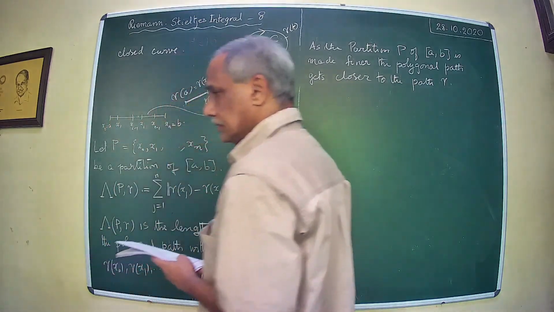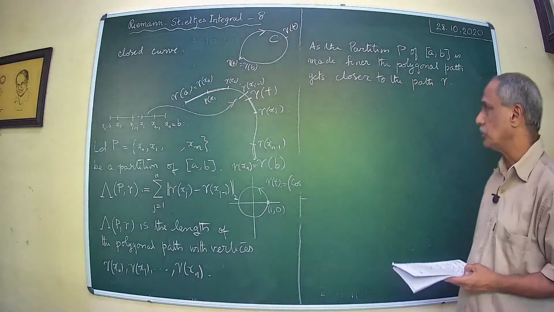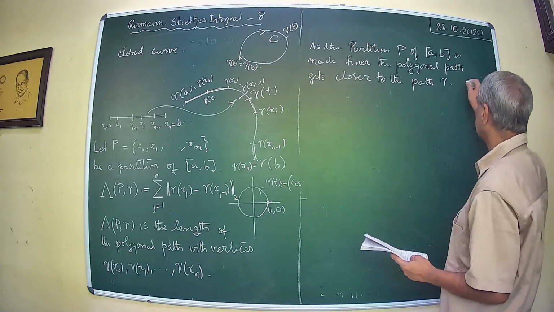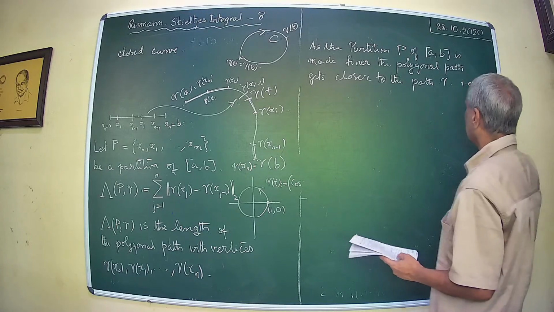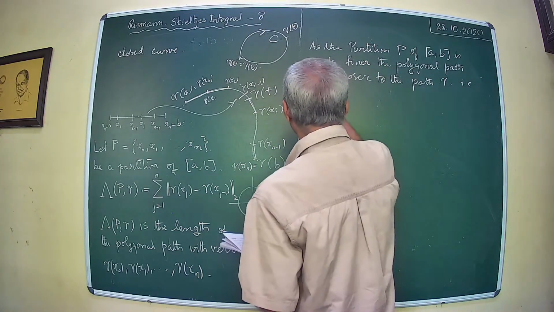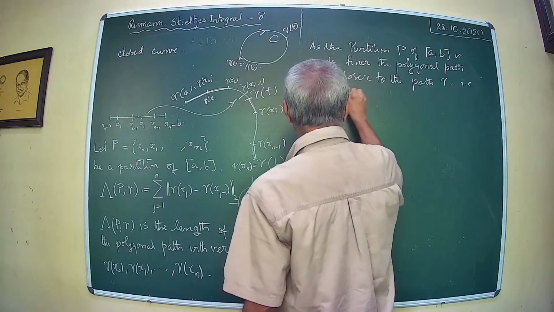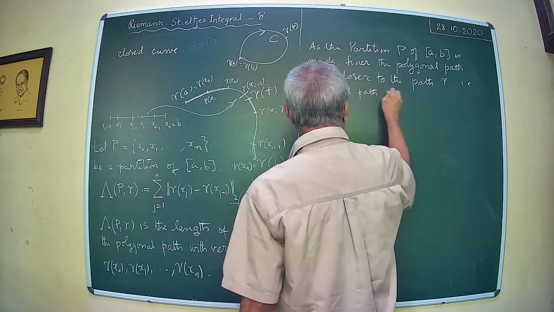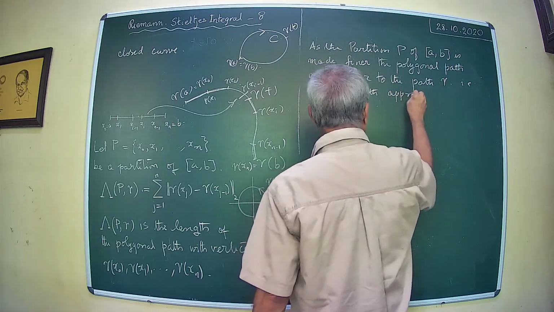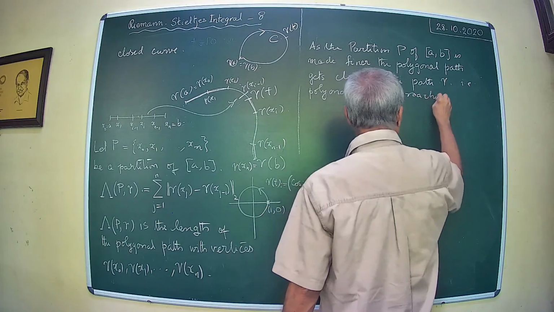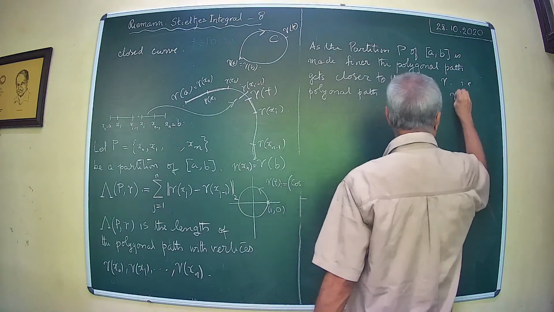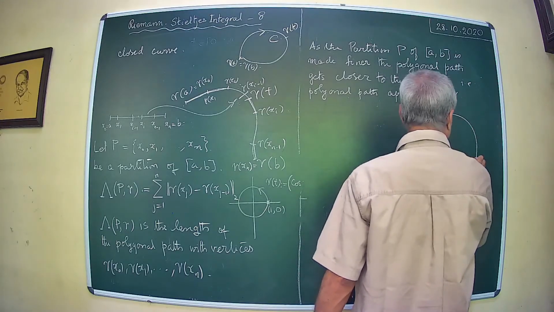Or in other words, the polygonal path approaches gamma.